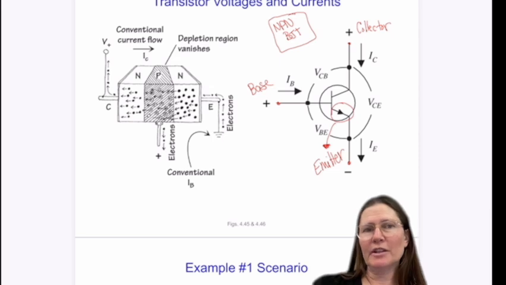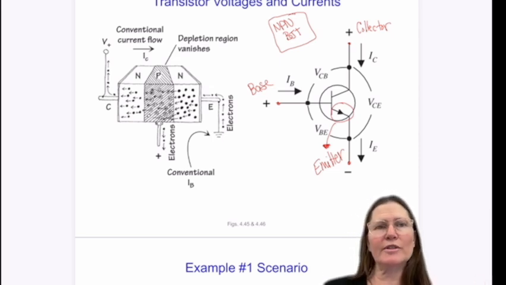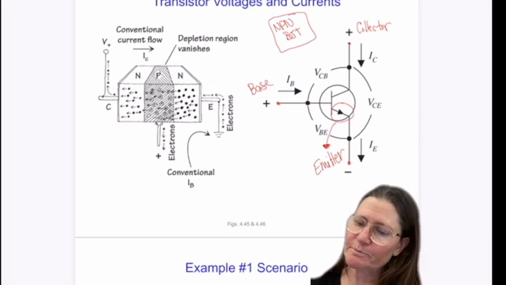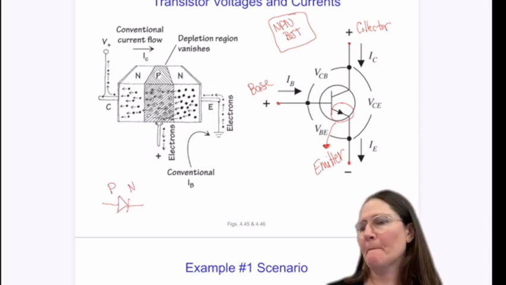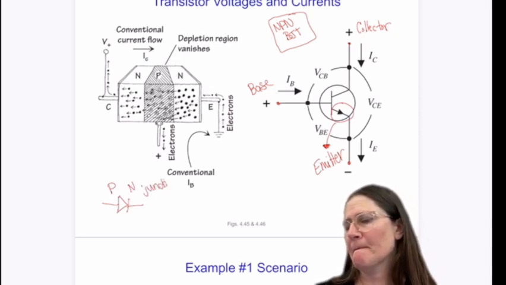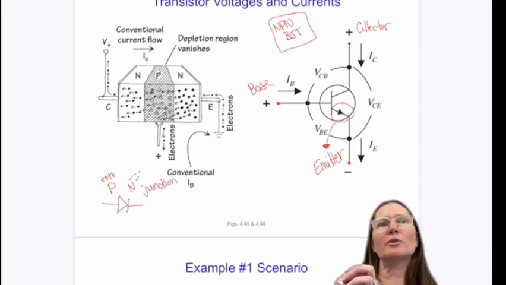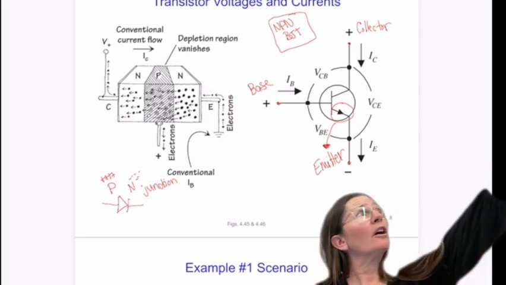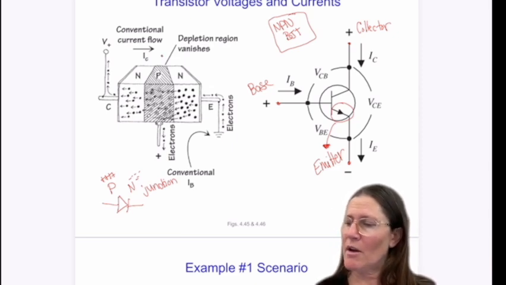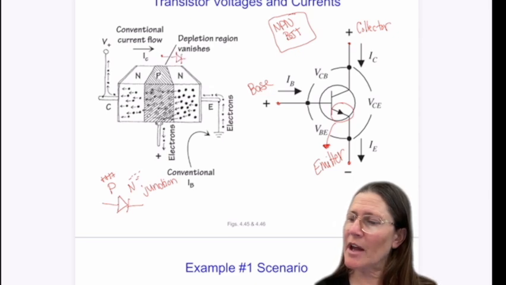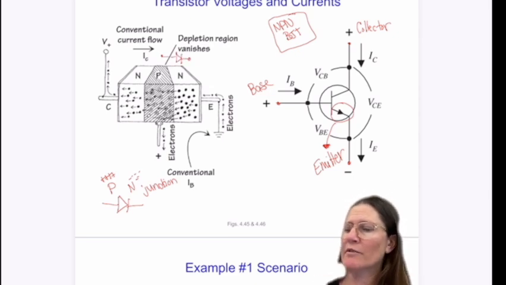How this works is that the diode was a PN type of junction, where you had P for positive and N for negative. You had different charges and you put them together, so that is a P and an N. Here you can see between the base and the emitter you have that PN junction.